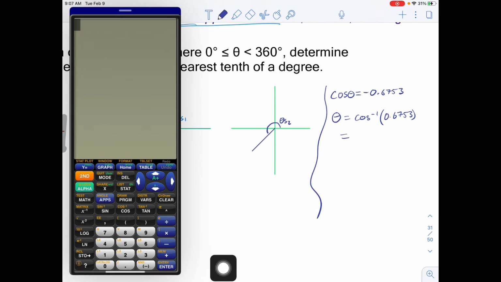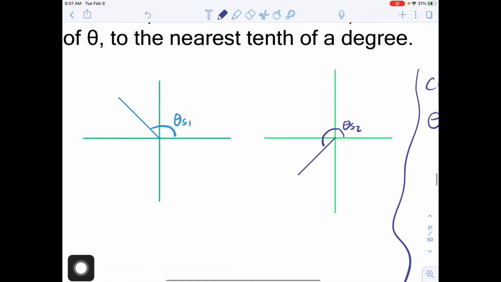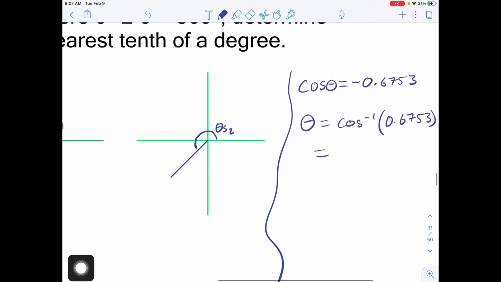So inverse cos, second cos, of negative 0.6753. We can see here that that gives us 132.4 degrees. So at this point, we know that this angle is 132.4 degrees.